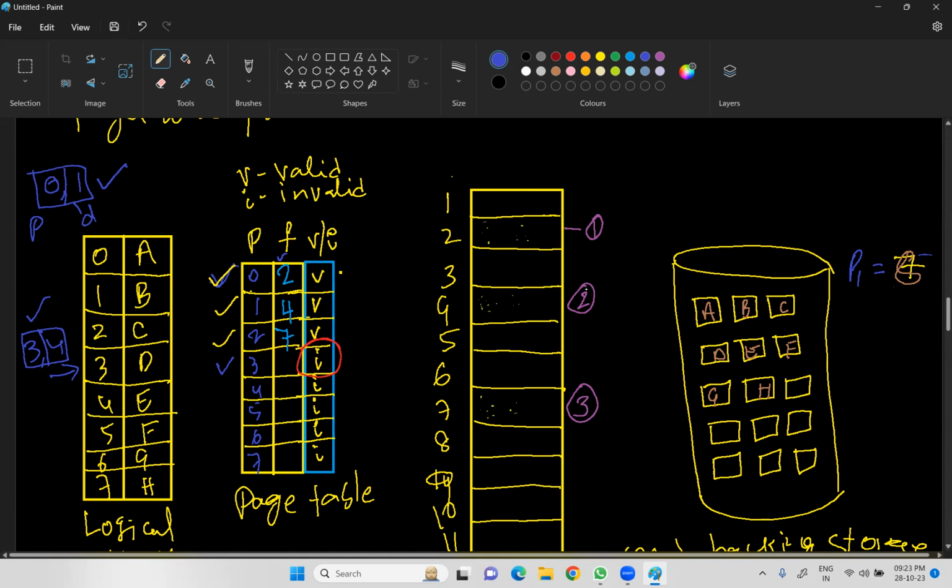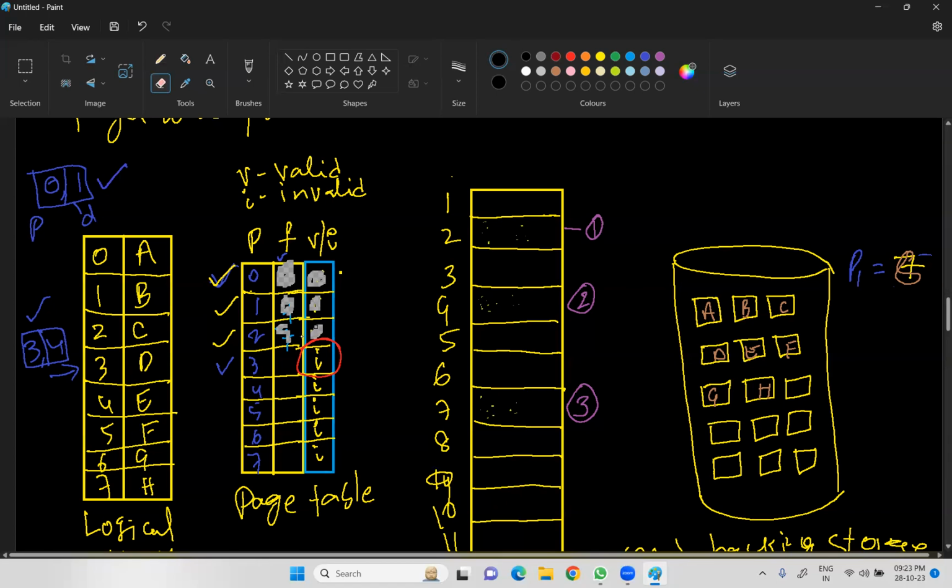However, you can see this is also empty. This is also empty here, also empty here, also empty here, and this will be set to invalid.